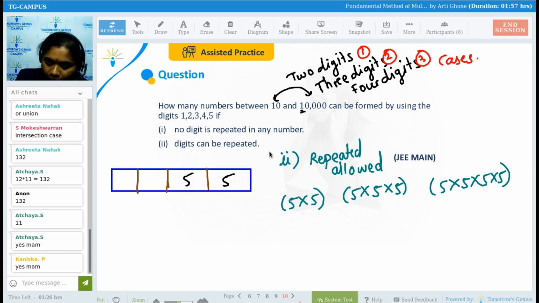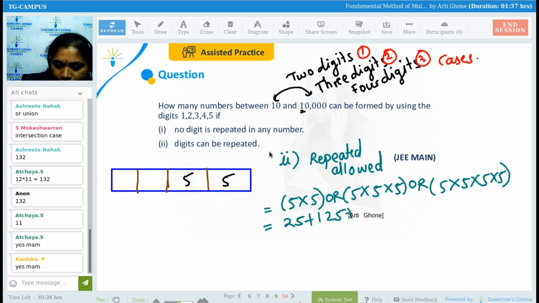Either we can create a 2-digit number or a 3-digit number or a 4-digit number. So this is joined with the connective OR. So the total answer will be 25 plus 125 plus 625. Got it or not?